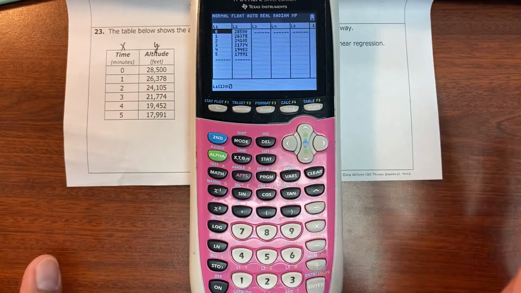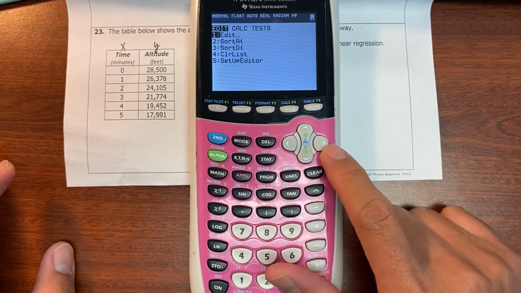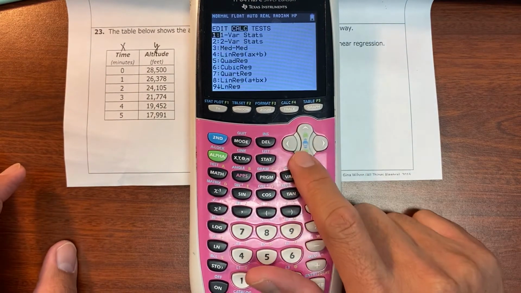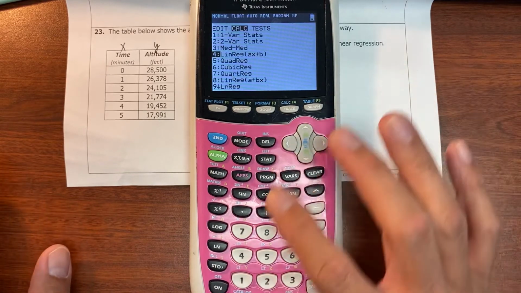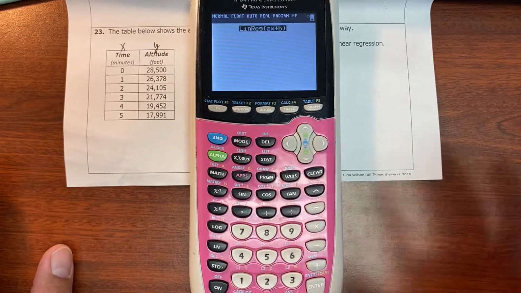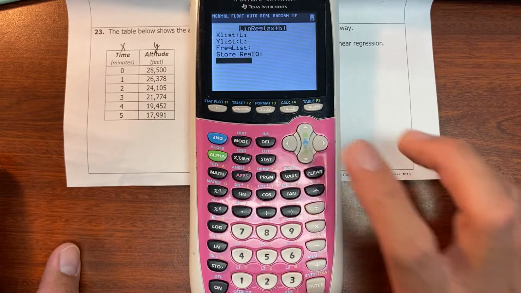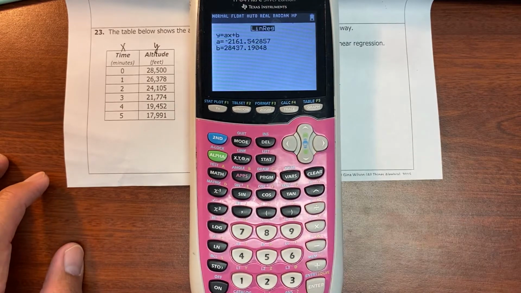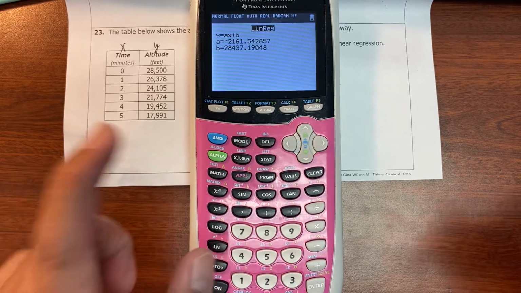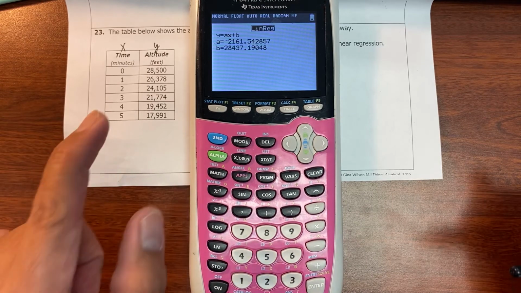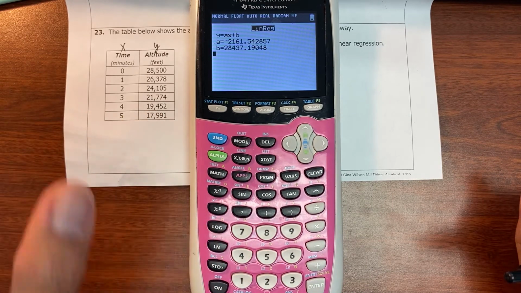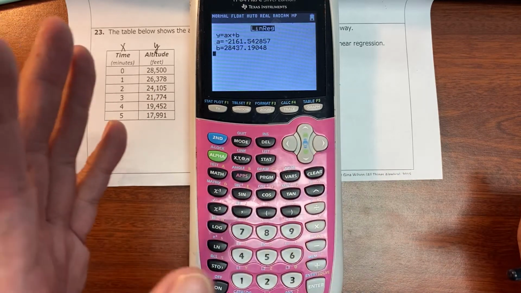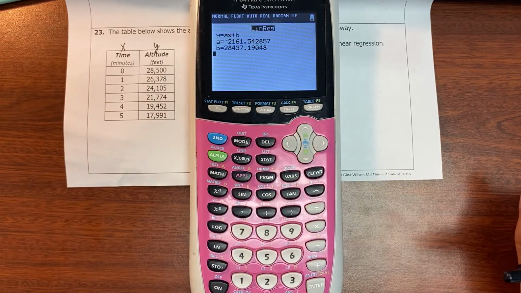For me to find the equation, I'm going to press stat, go over to the right, go to LinReg. Most of us have number 4 there. You can press enter, 4, and then go to calculate, scroll down, then enter. This will give me y equals ax plus b, wherein a is equal to negative 2,161.542857, and I need only up to 3 decimal places, or round to the nearest thousandth.